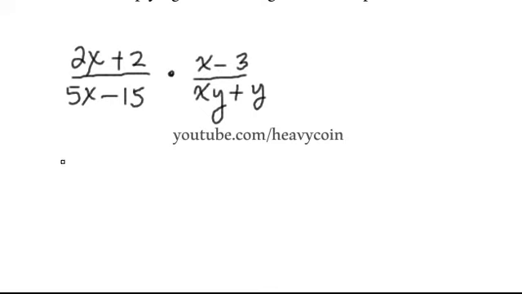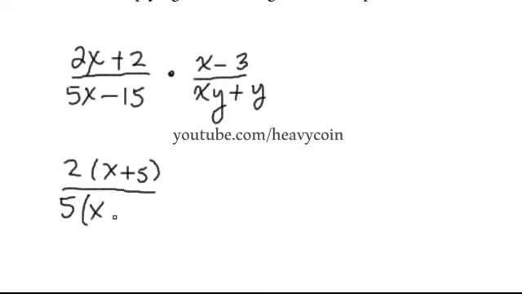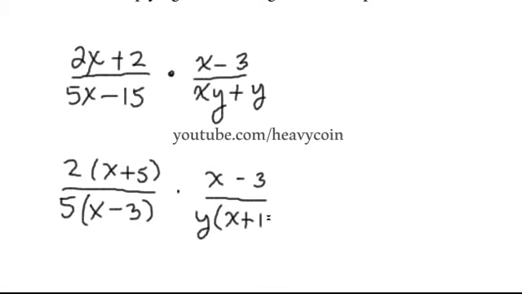I'm going to factor out a 2. We'll be left with x plus 2 over, and I'm going to factor out a 5 out of the bottom, and so we'll be left with x minus 3. This is times, so there's nothing we can do there, but we can factor out a y out of this part, and so be left with x plus 1. So now what we want to do is do some canceling. So I can cancel this x minus 3's out, and looks like that's about it.